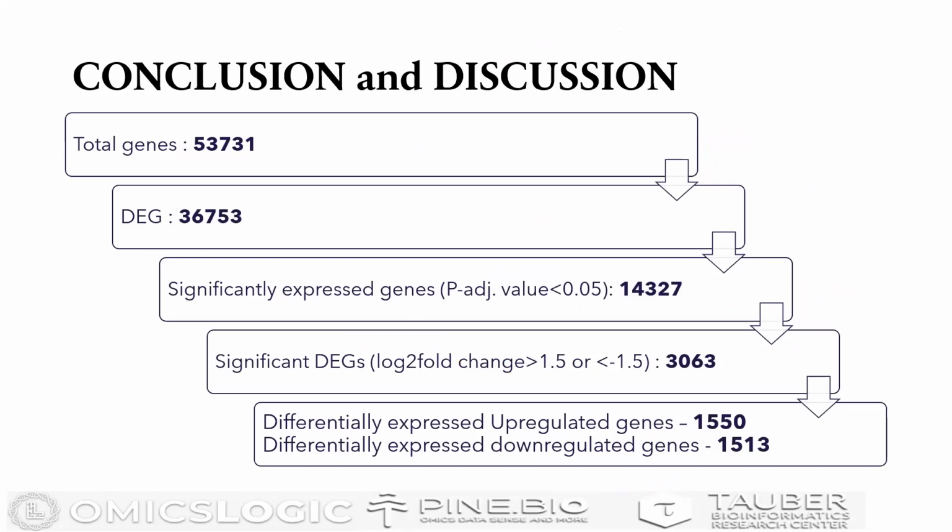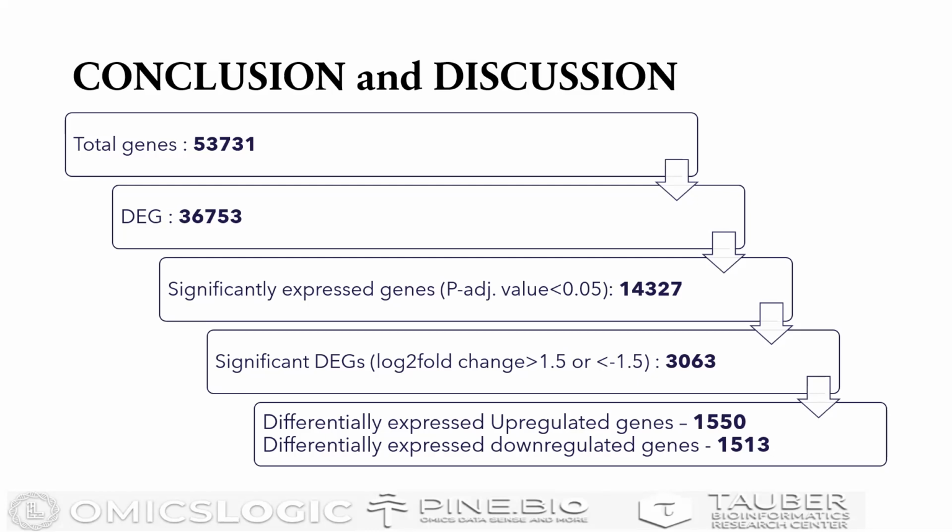This was the process that I followed for selecting differentially expressed genes. My dataset has a total of 53,731 genes, but after running the DESeq pipeline, I obtained 36,753 differentially expressed genes. Further, I filtered the adjusted p-value with less than 0.05 and I got 14,327 genes.